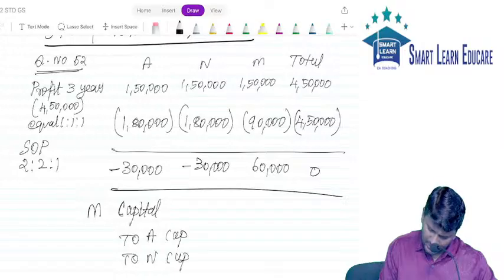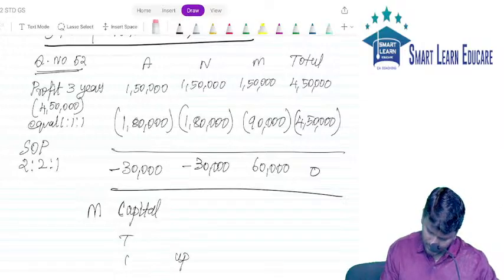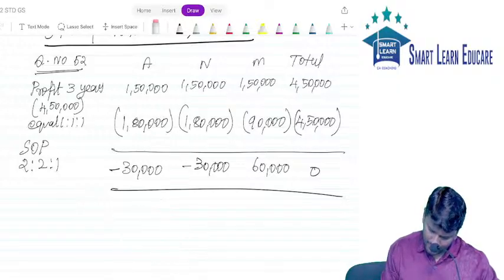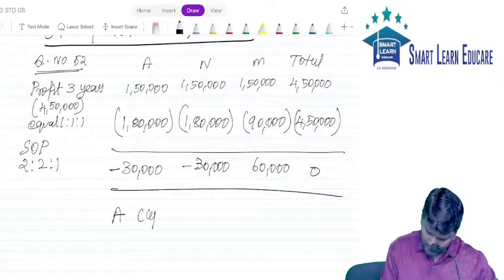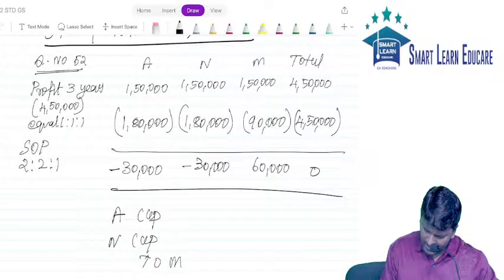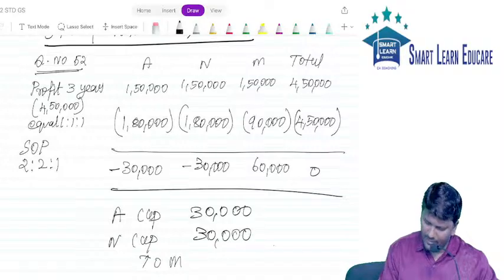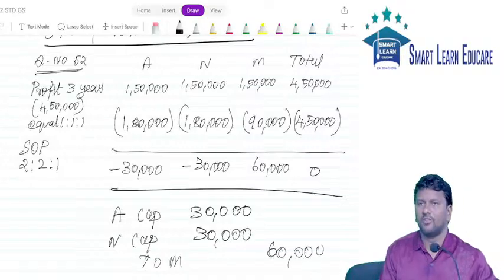Sorry, two partners have minus, so the entry will be: A capital account debit, N capital account debit, to M capital account. A capital for 30,000, N capital for 30,000, to M capital for 60,000. That's all.